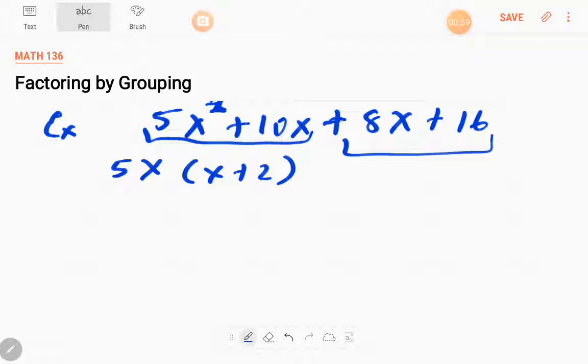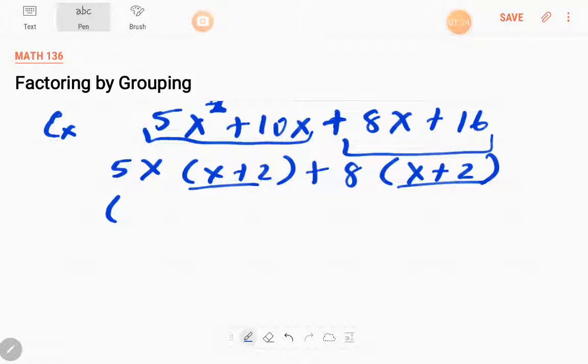Now, there's a plus sign here, so we're going to use that plus sign. And then between the 8x and 16, those last 2 terms, we could factor out 8, leaving x plus 2. Now observe, we have x plus 2 in common.